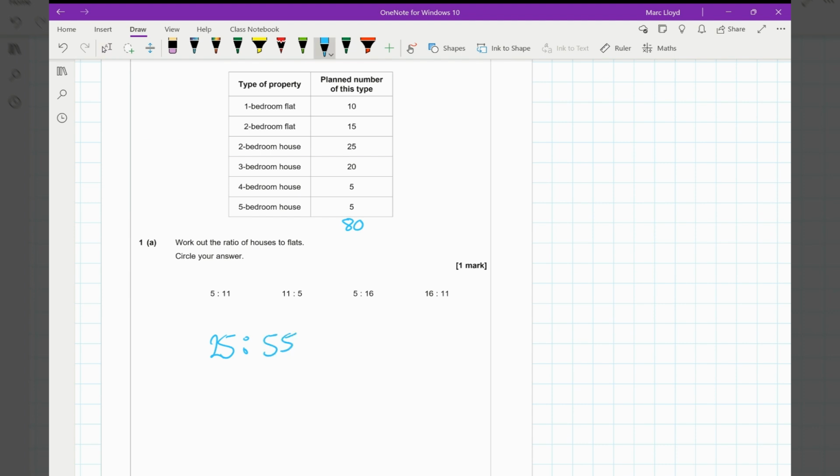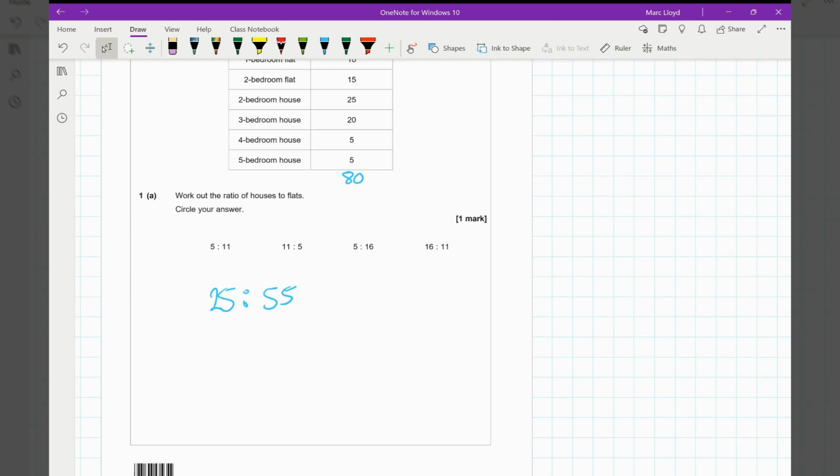Our next job is to simplify that down because you can see our 4 options are simplified versions. And I'm going to put 25 over 55 into the calculator. So I'm going to simplify that fraction. And the calculator will simplify the fraction for me, if I write the right number, of course. And then I take it back and re-enter it as a ratio. Now that will work when the ratio has the smallest number first.